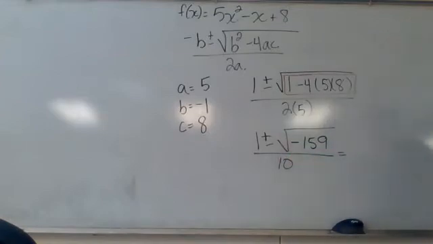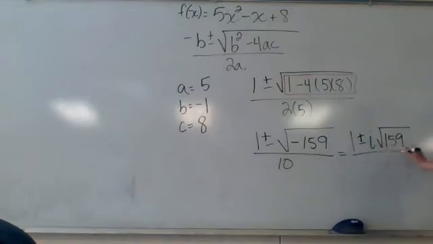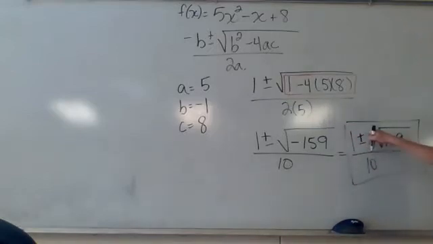That's when your imaginary number comes in. 1 plus minus, pull out the i, square root of 159 over 10. Okay, and that is two answers showing that plus and minus is what the two different answers are. 1 plus i square root of 159 over 10 and 1 minus i square root of 159 over 10.